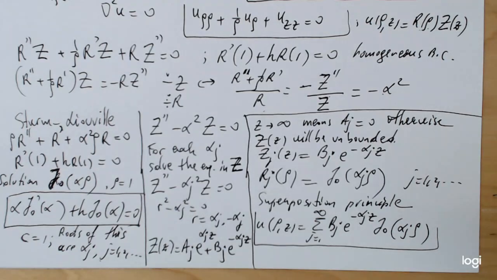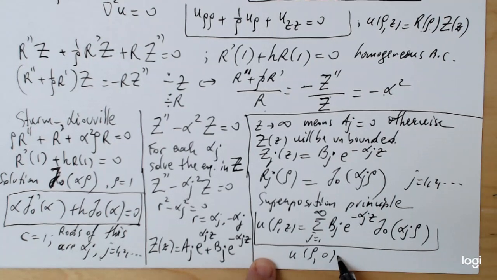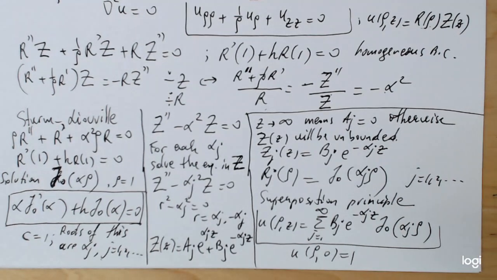So on the next page, I'm going to do this in the same part here to not break the flow too much of the work. This is the moment now when we have to deal with the Fourier-Bessel series. So let's impose the last condition, the non-homogeneous boundary condition, which means that u of rho 0 should be 1. So we must have u of rho 0 equals 1.